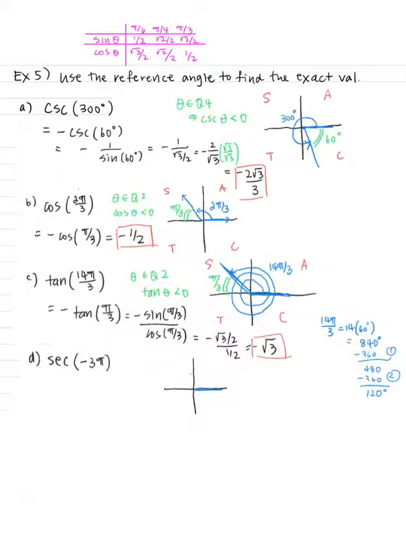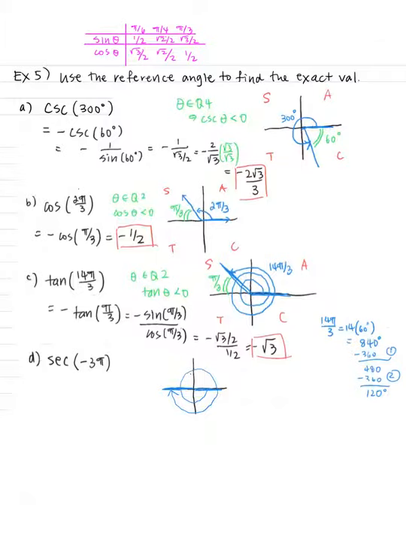So from here, this is negative 1 pi, negative 2 pi, and then negative 3 pi. So our terminal side is going to be the negative x-axis.